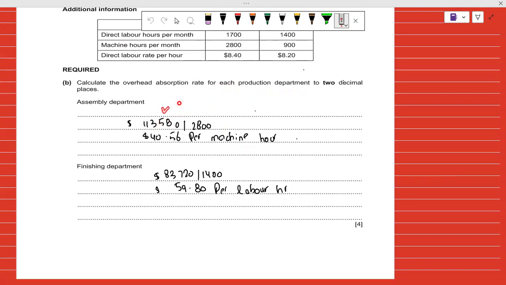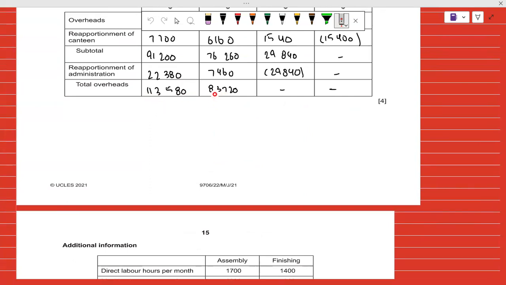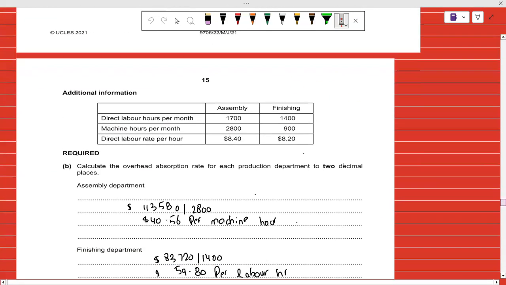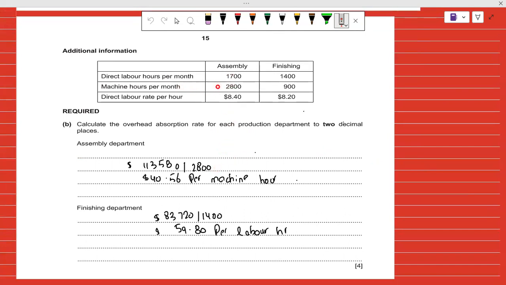We have overheads for the assembly department, which we just calculated in our previous question: 1,13,580, and this is 83,720 for the finishing department. And we will use some bases for it. Because the assembly department is capital intensive, we will use 2800 as base, and for the finishing department it is labor intensive, so we will use 1400 as base.